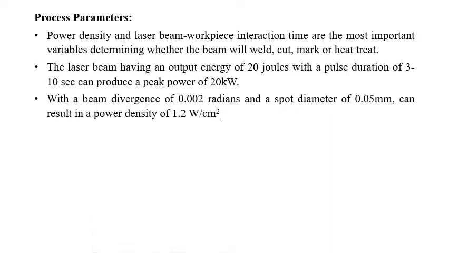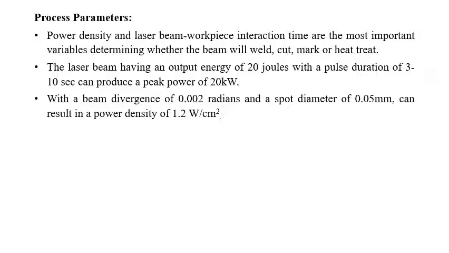Next we will move on to process parameters. Power density and laser beam workpiece interaction time are the most important variables determining whether the beam will weld, cut, mark or heat treat.